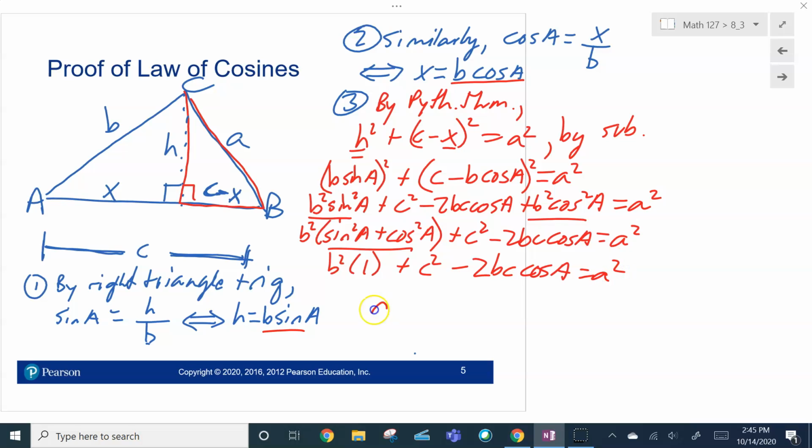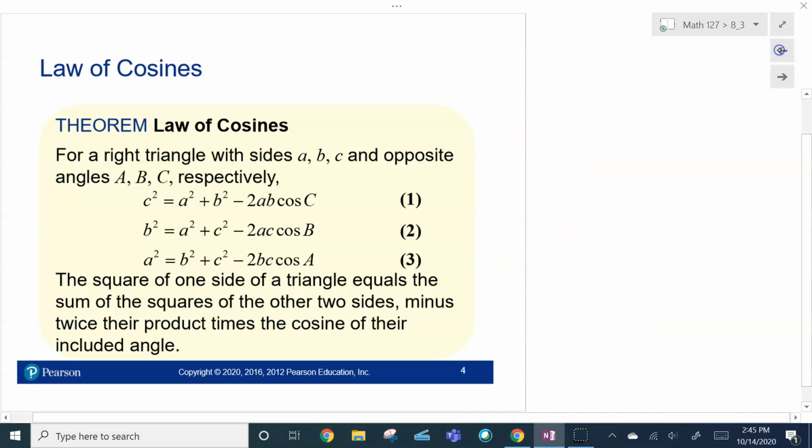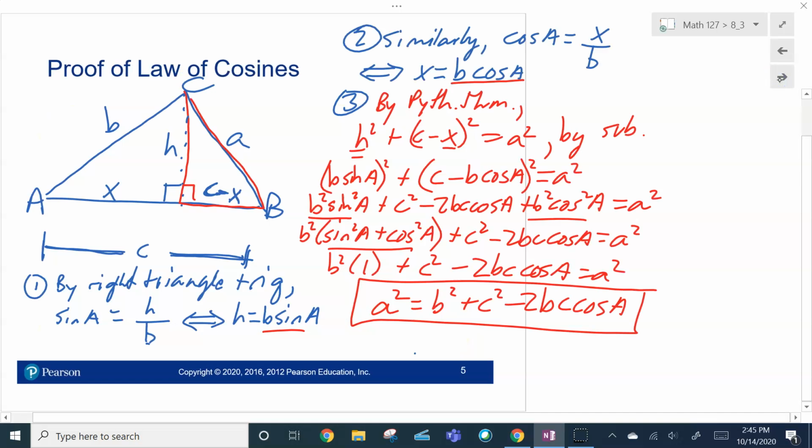In other words, a squared equals b squared plus c squared minus 2bc cosine A. There's your law of cosines. Similarly, you could do that for the others. Okay? So law of cosines.